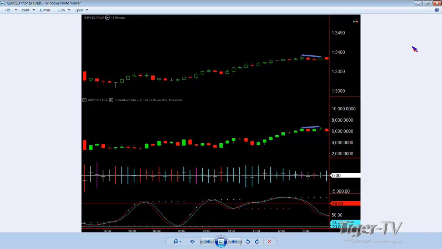If the bar is green, that is a bullish bar. If it is red, it's a bearish bar. Very similar to your price bars.